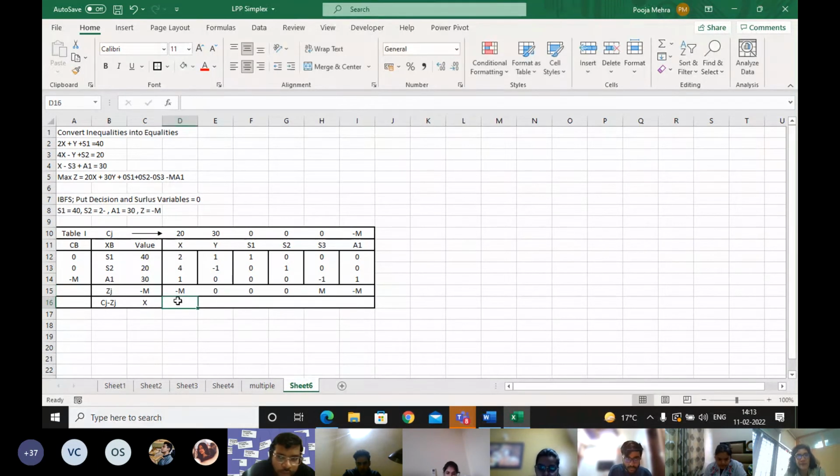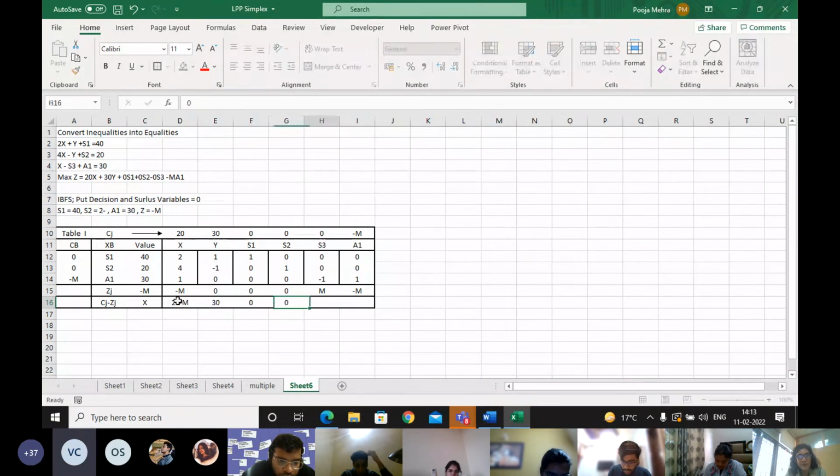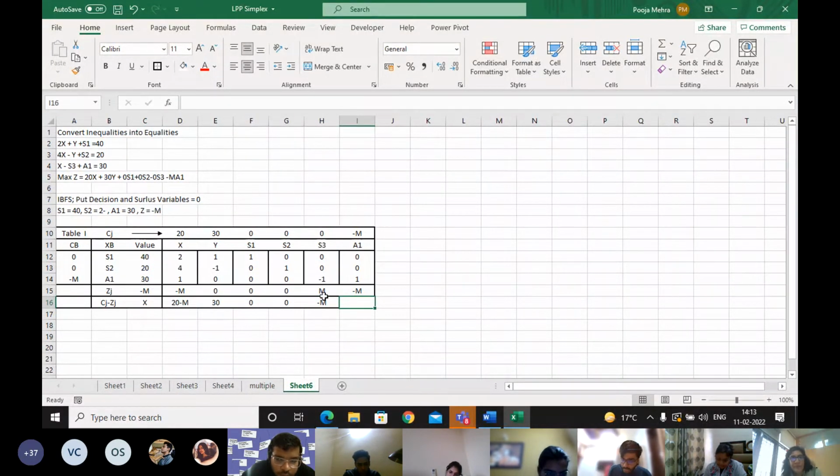So here we got 20 minus M, then we have 30, then 0, 0, 0, then M, minus M. 0 minus M is minus M. Now the problem is maximization.